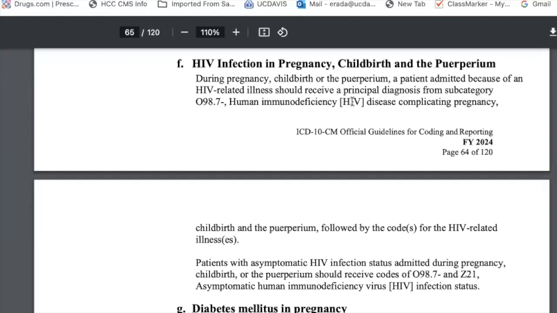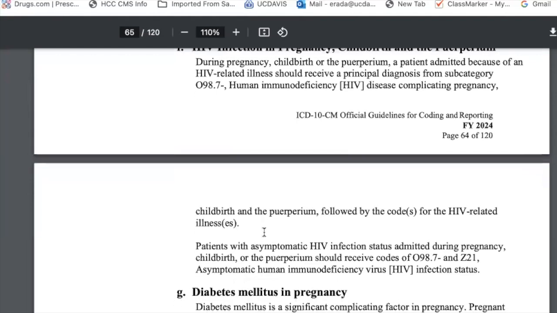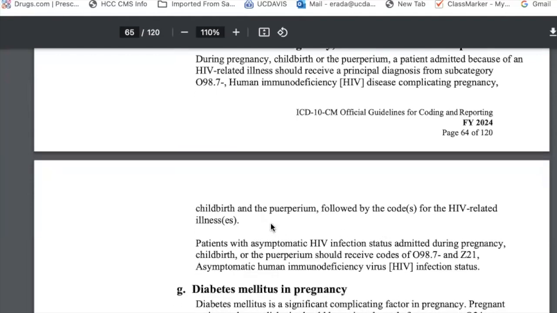Human immunodeficiency virus in pregnancy again starts with the letter O. Now, human immunodeficiency disease complicating pregnancy, childbirth, and the puerperium, followed by the codes for the HIV-related illness. If a patient is admitted for any HIV-related illness, then you also have to assign the other codes for other conditions.